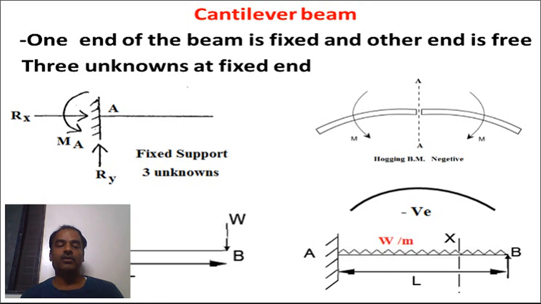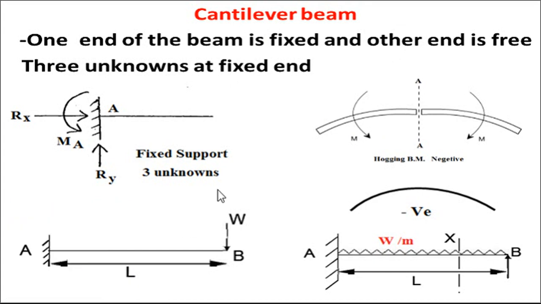Now in this case, we are going to consider the cantilever beam. There are different cases in cantilever beams. One thing is clear now: one end of the beam will always be fixed. This is a propped cantilever.